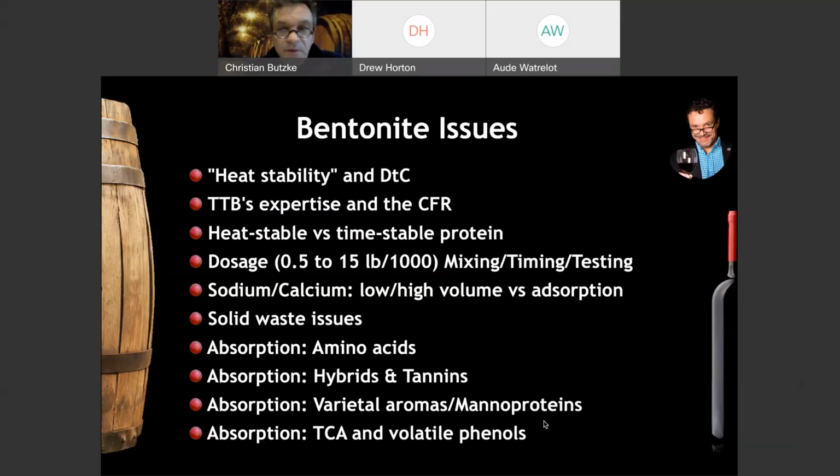Obviously, in this situation, we want to protect the aesthetics of wine. We don't want any unappetizing cloudy deposit in the bottle. So all of this is really not about how the wine tastes or smells, it's about how the wine looks. Stabilizing it and taking out everything that is heat unstable doesn't really reflect the need for taking out proteins that become unstable over a longer period of time, not necessarily related to heat exposure at all.